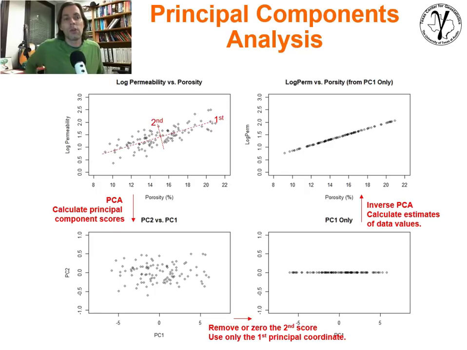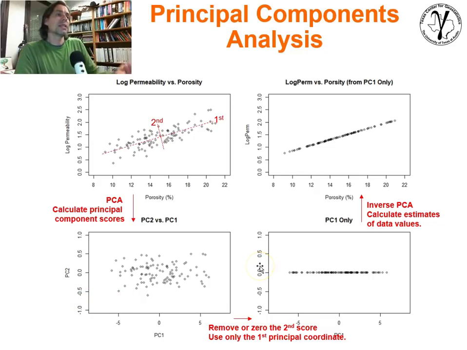So we can go through the whole workflow for dimensional reduction. Let's show it to you right here. We identify principal component 1 and principal component 2. They're represented by the factor loadings, or the component loadings we can call them. We apply them in order to transform to principal component scores, principal component score 1 and principal component score 2.